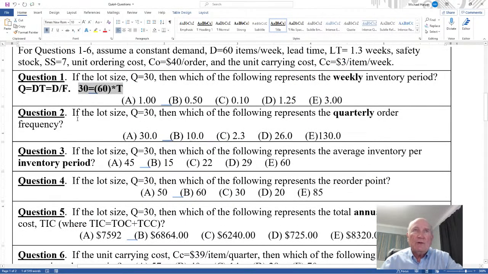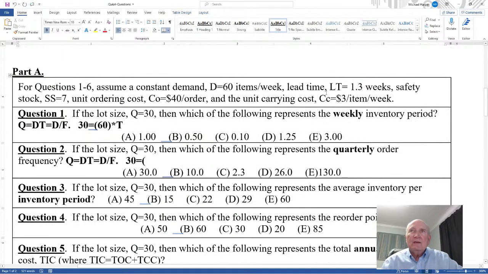On this one, the quarterly order frequency, we bring this one down here. Bring this down again. But this time, the Q is 30 equal. Now this time we want a quarterly frequency. Okay, so therefore I have to transform the 60 items a week to a quarter. So I highly recommend when you transform it to a year and then back to what you want.